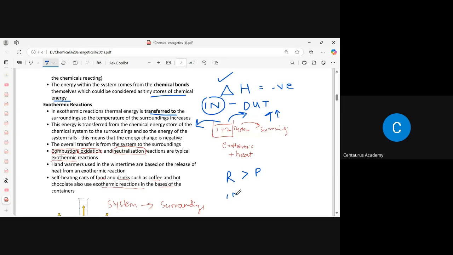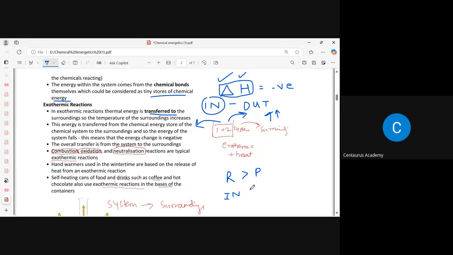When you compare both of these processes and find the change in the energy taken in and the energy given out, then you get to know the delta H value, the enthalpy change, the energy change.